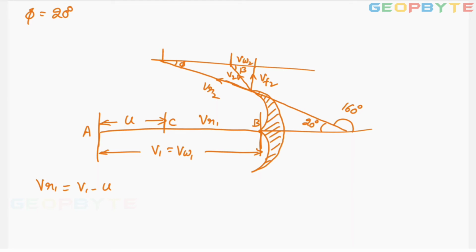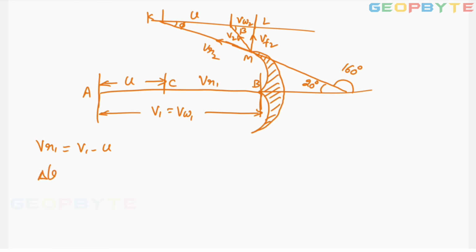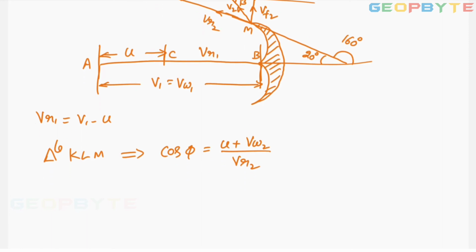And you know this is the blade speed U. Now look at the right angle triangle KLM. For the triangle, cos phi is equal to U plus VW2 by VR2. From this, VW2 equal to VR2 cos phi minus U.